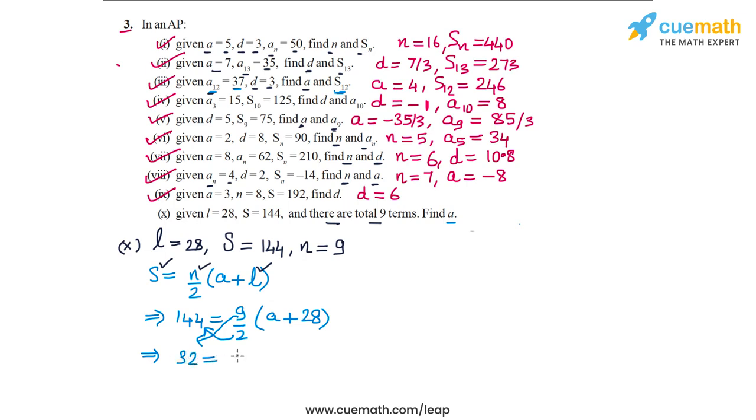So 32 is equal to a plus 28. And this means that a is equal to 32 minus 28, or 4. So the answer to part 10 is that a, the first term, is equal to 4. And that completes part 10. And with that, all 10 parts of question 3 are done.